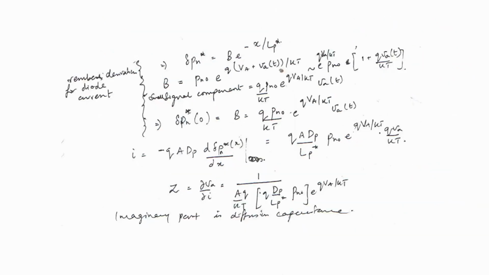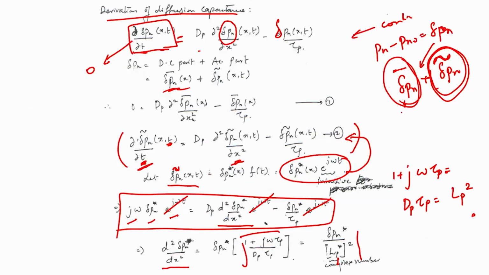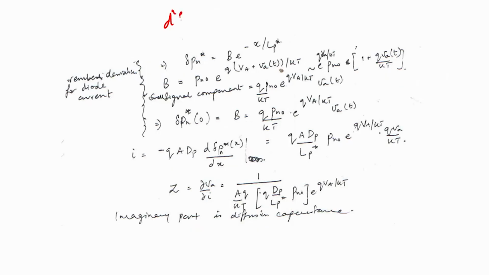So now we already know the solution to that equation, let me just rewrite that equation here. You have d square delta Pn by dx square is equal to delta Pn star by Lp star the whole square.